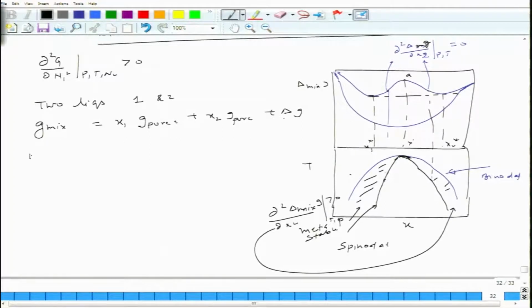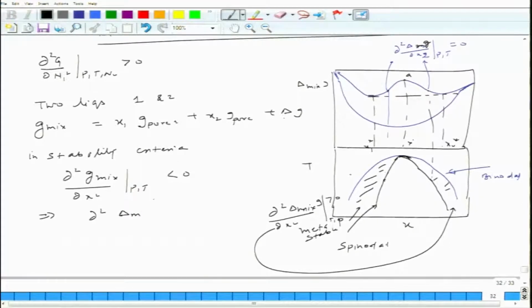So the instability criterion is the second derivative of G mix with respect to x squared at constant P, T less than 0. This also implies that the second derivative of delta mix G with respect to x squared at constant P, T is less than 0.